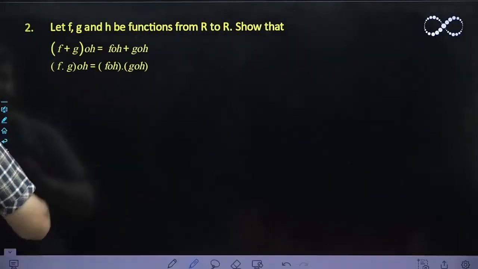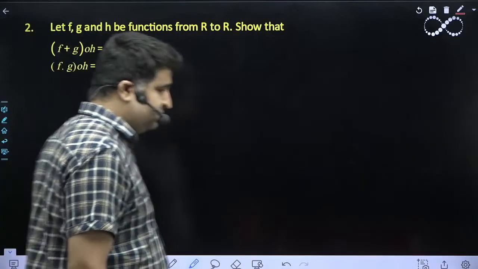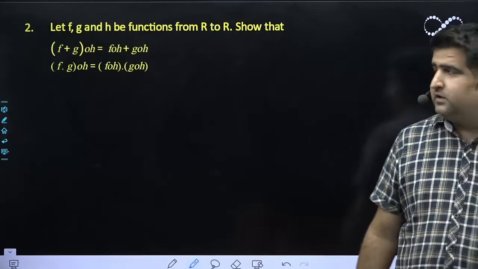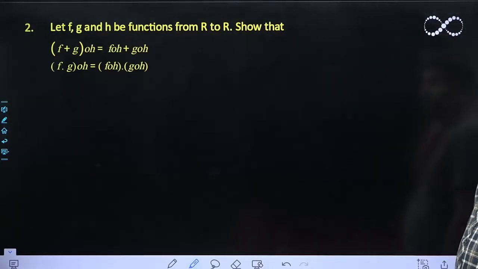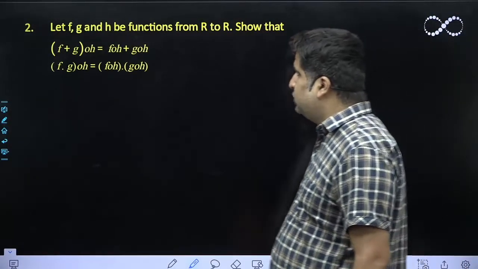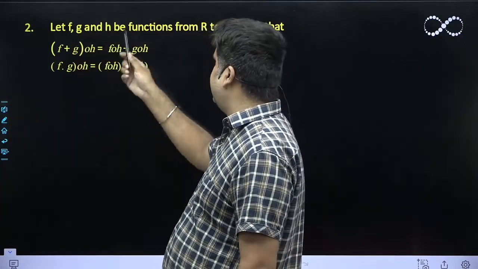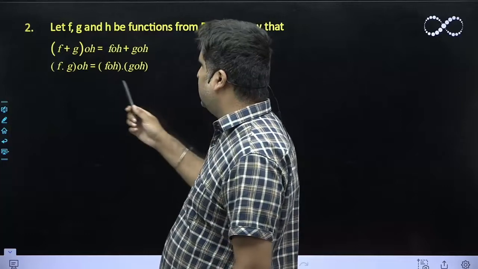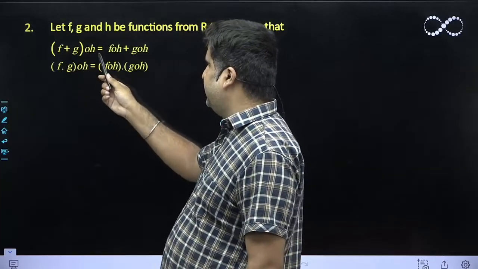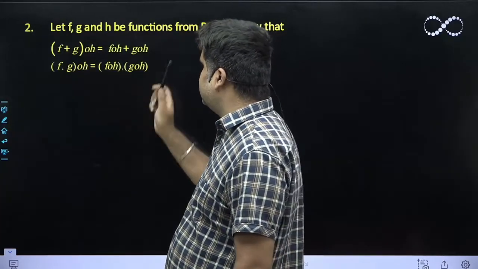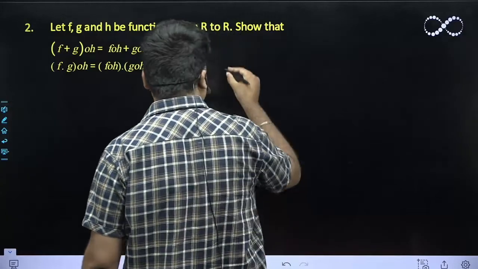Next question is about properties of composite functions. First, we have to prove that if we have three functions f, g and h from R to R, then (f + g)∘h is equal to f∘h + g∘h. So let's try to solve this.